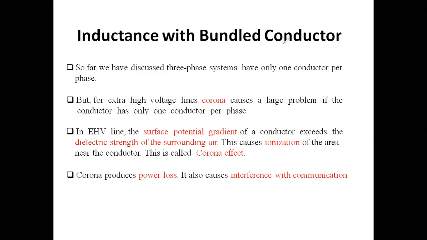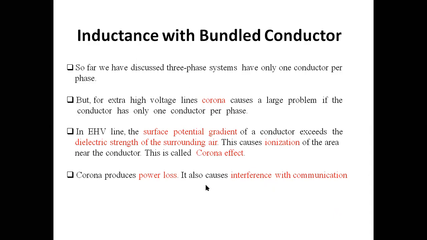So when the ionization process continues, due to this corona effect, some power loss is there. Corona produces some power loss, and it also produces interference with the surrounding communication lines or channels. Suppose there is an EHV transmission line, and there is a communication line or telephone line near the transmission line.